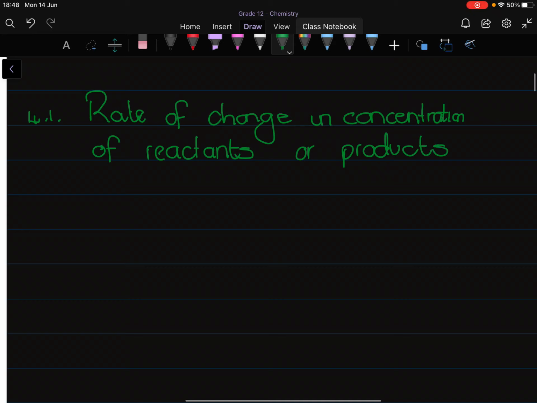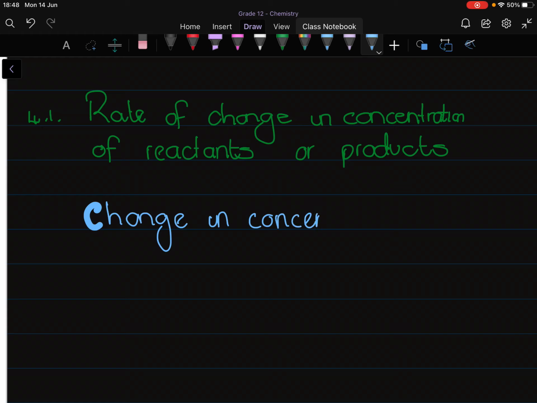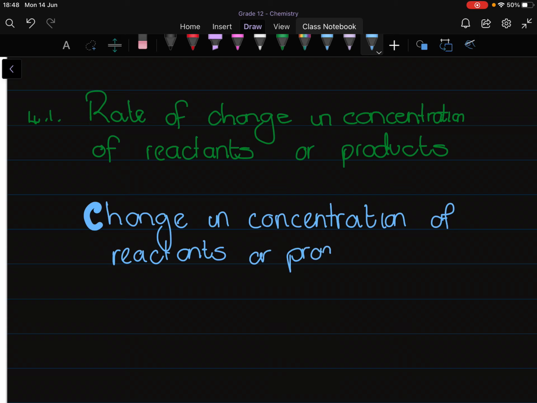You could have also said rate of change is telling me it's per unit time. So you could have also said change in concentration of reactants or products, but now because it's a rate per unit time.